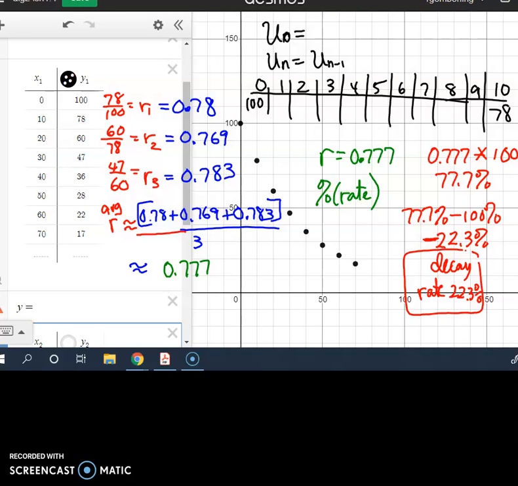So here's the question: if my rate from here 0 to here, if my rate is 22.3%, and our u of n equals u of n minus 1 times that number, whatever we put in there has to be for 1 year. What should the rate be for a year?